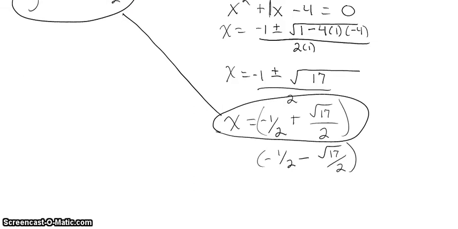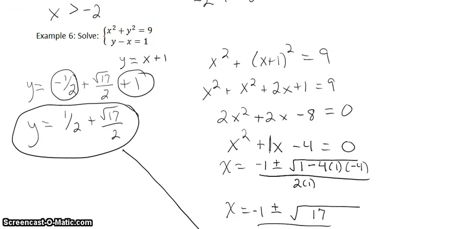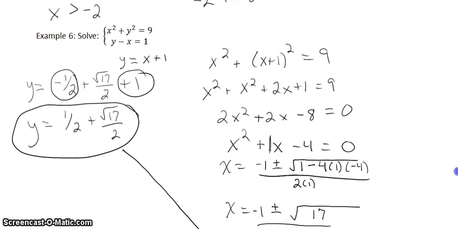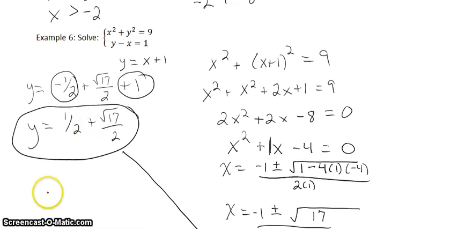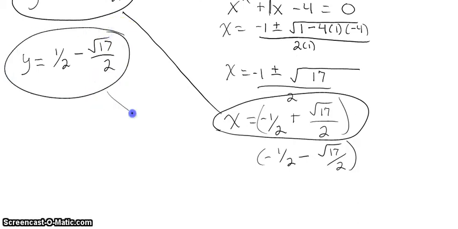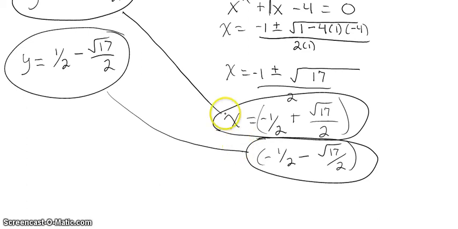So that would be considered one of our points. And then I substitute in the negative 1/2 minus the square root of 17 over 2. And really all that's going to do is change this sign. So it'll be y equals 1/2 minus the square root of 17 over 2. And that would go with this term here. So that's the x and that's the y for it.